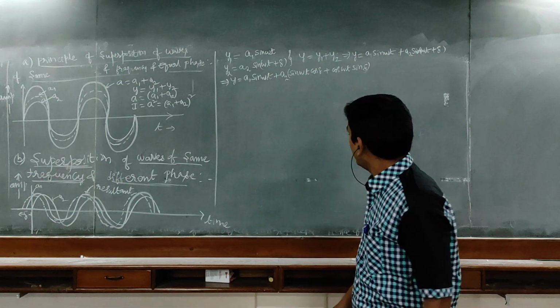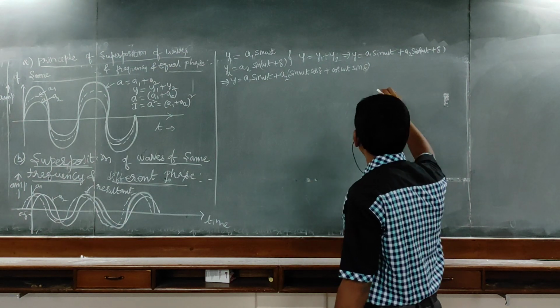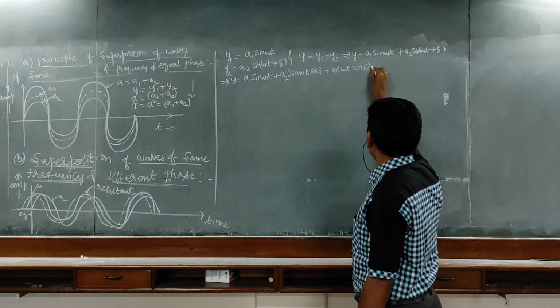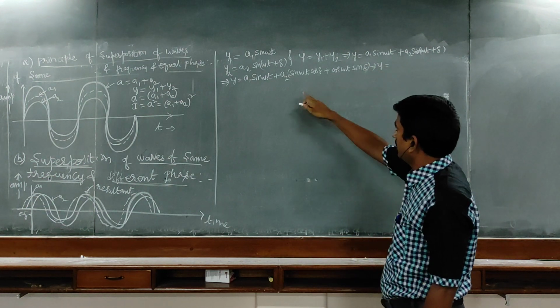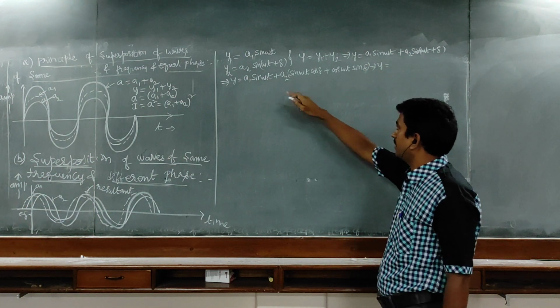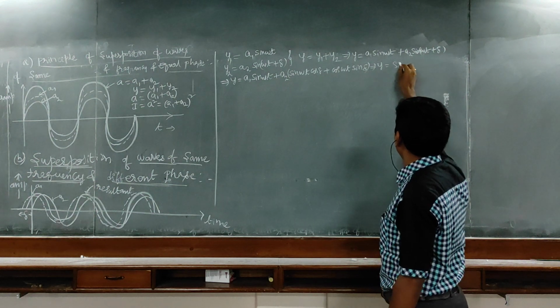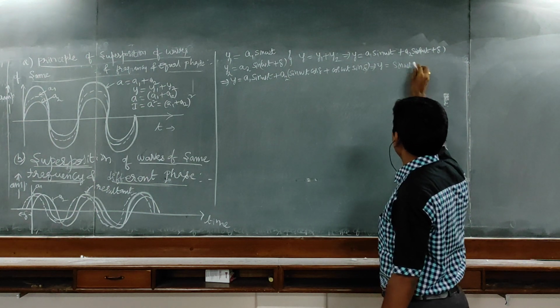Now, take the common terms. If any common terms are there, take them as common. Here, if you have sin omega t as a common term, take it as common.